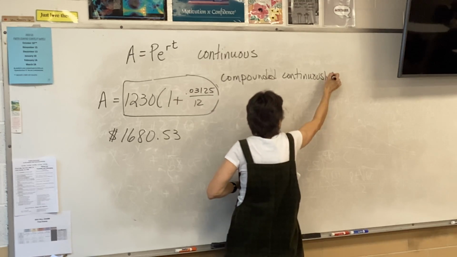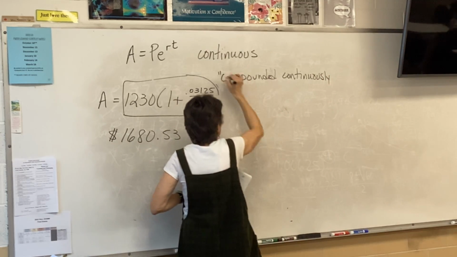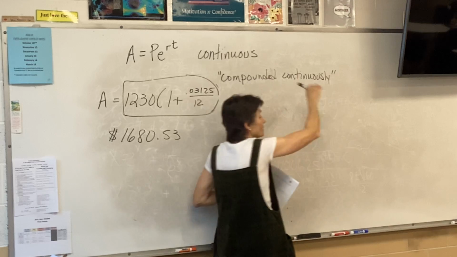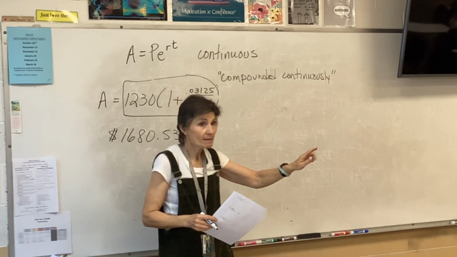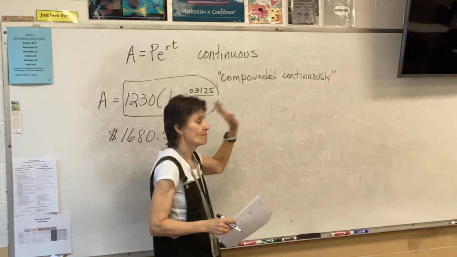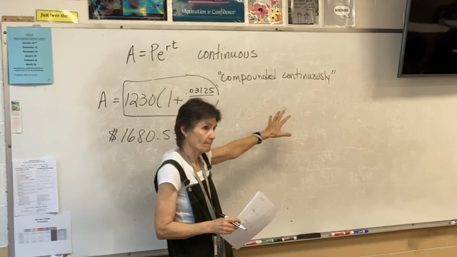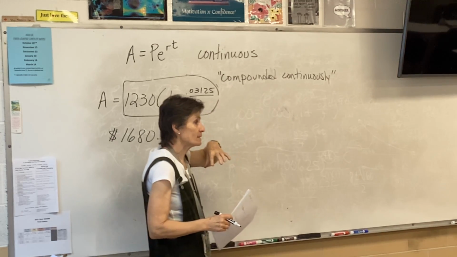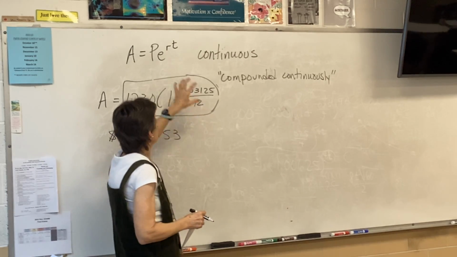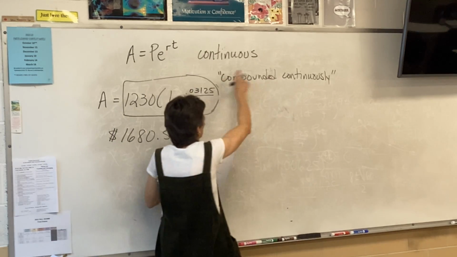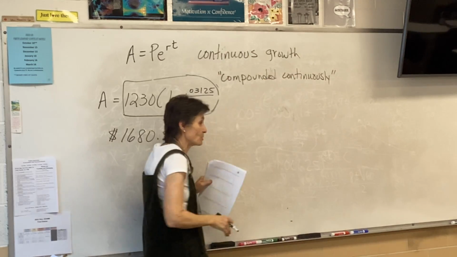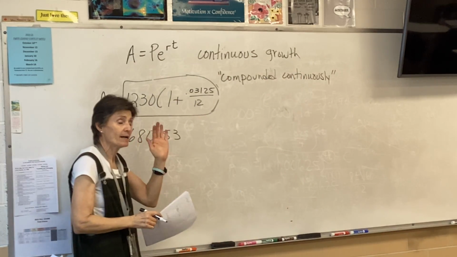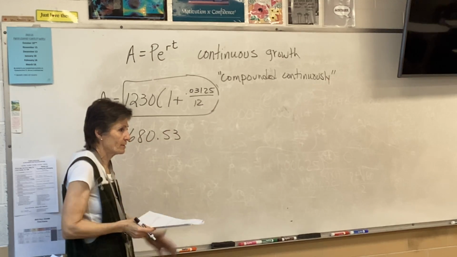So if you read a money problem and it says this, PERT is your formula. Compounded monthly, compounded quarterly, that's the other one that I just erased. But if it's compounded continuously, then we're going to use PERT. Or if it's any kind of nature problem, this is called the continuous growth formula. Any kind of situation that isn't money.